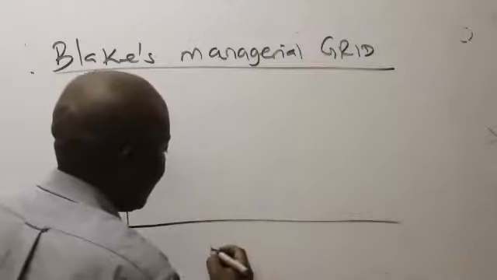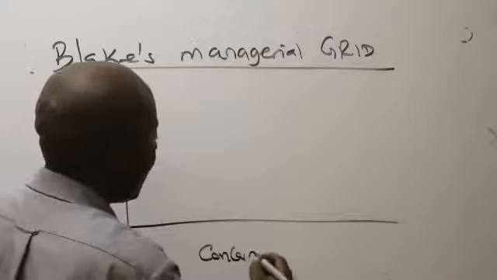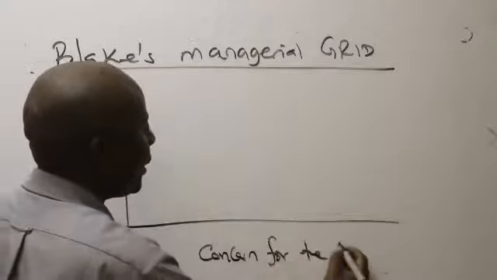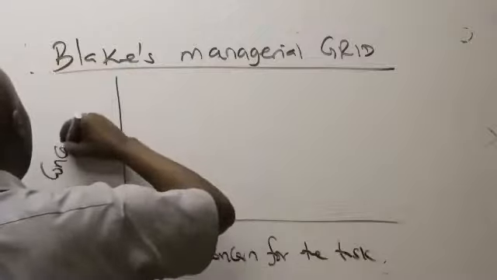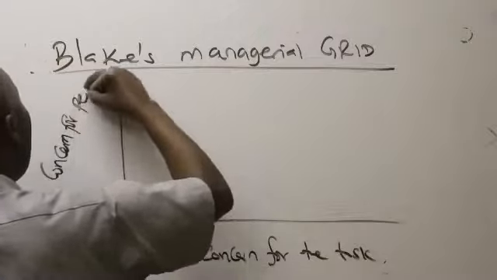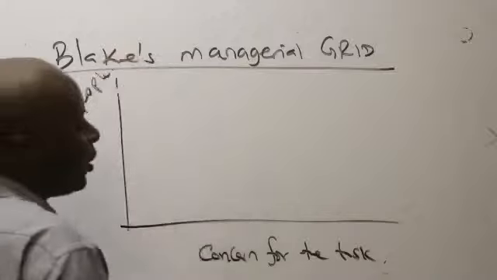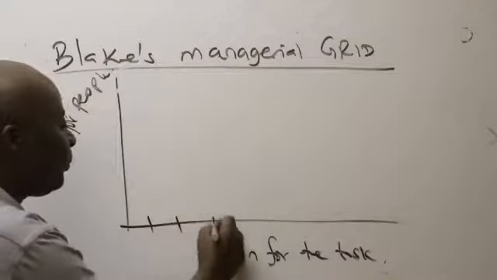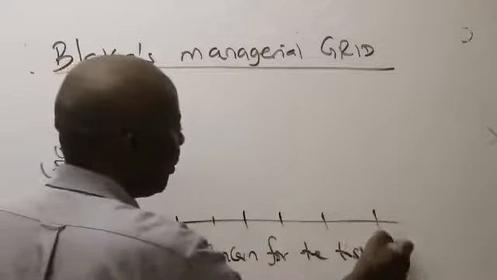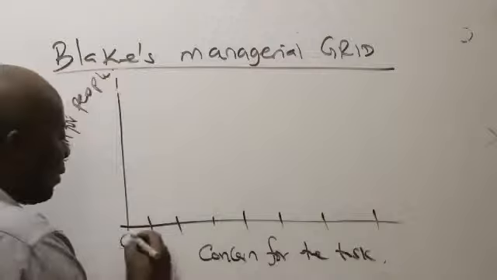Let me just write here. Concern for the task. And then we have here concern for people. If you wish, you can even put a proper graph, but you don't have to do this. So of course we have 0 there.